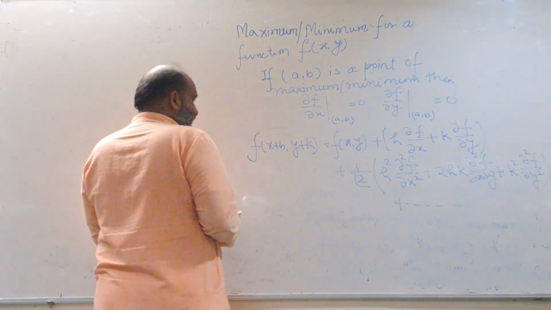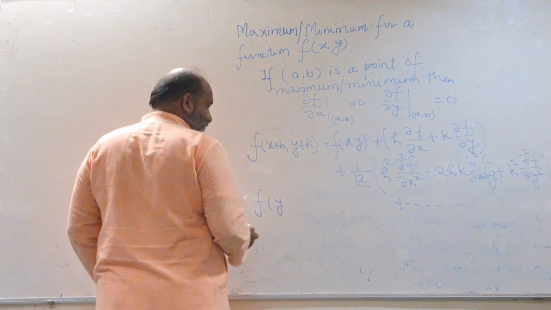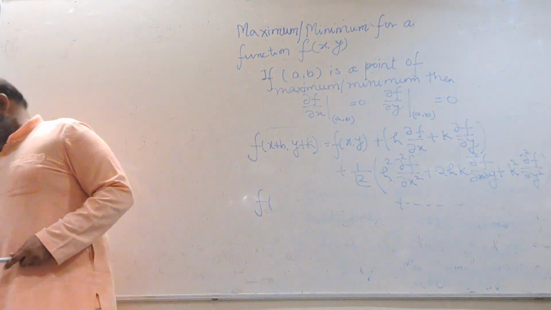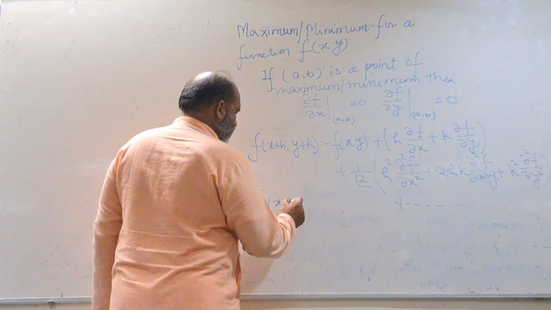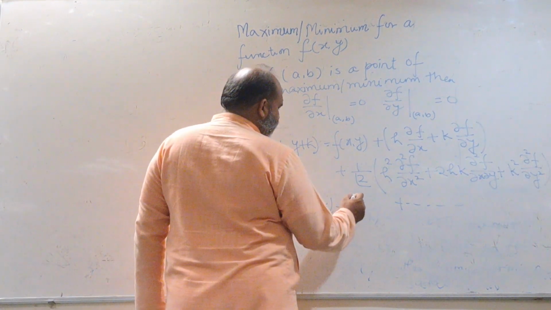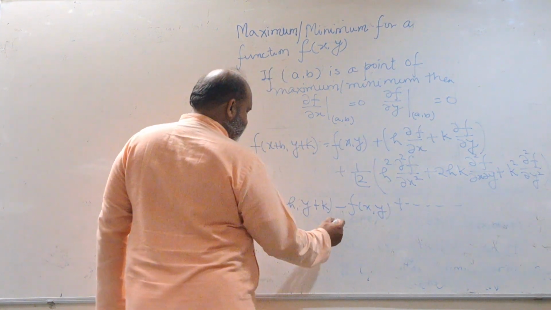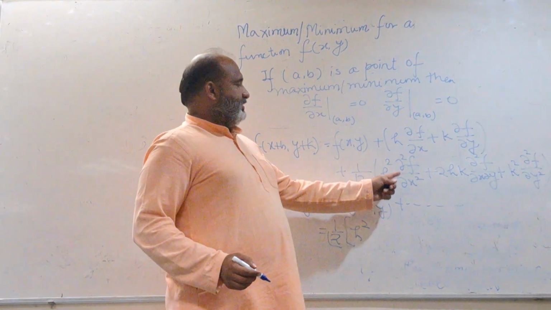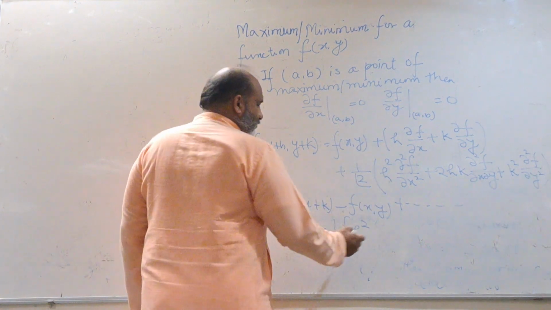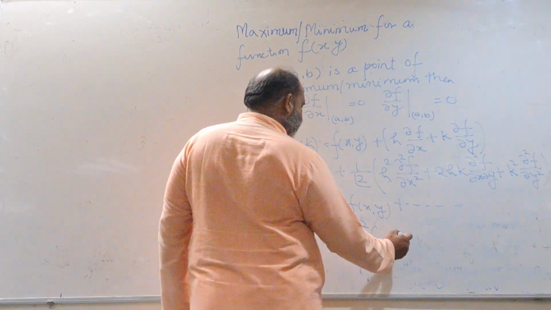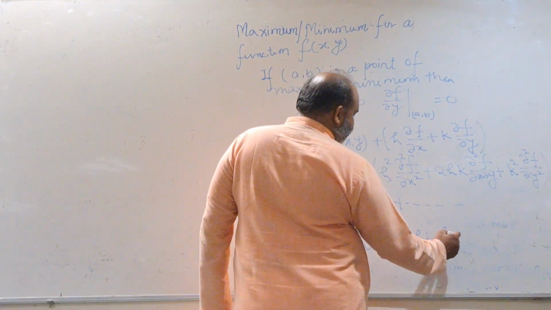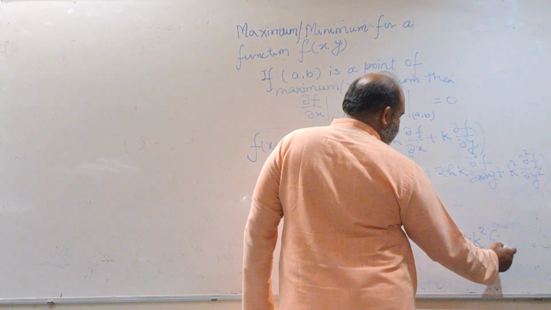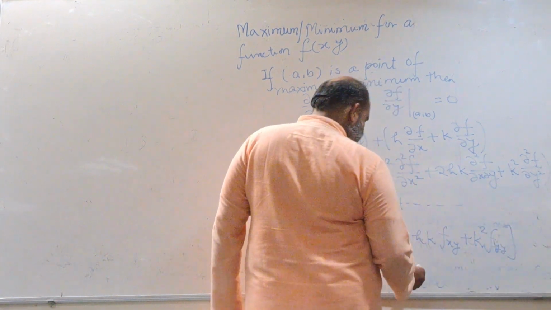Bringing it to the left hand side, I shall have f(x+h, y+k) minus f(x, y) equal to 1 upon factorial 2 times h square f_xx plus twice hk f_xy plus k square f_yy, and plus higher order terms.